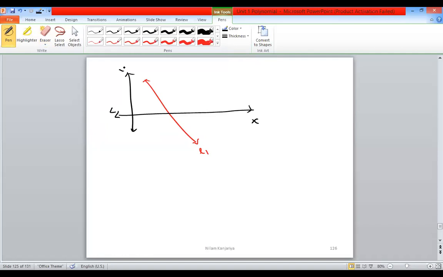This is the x-axis, this is y, this is L1 and this is L2. So look, the lines are parallel. L1 and L2 are parallel.